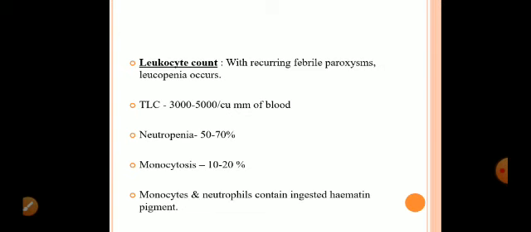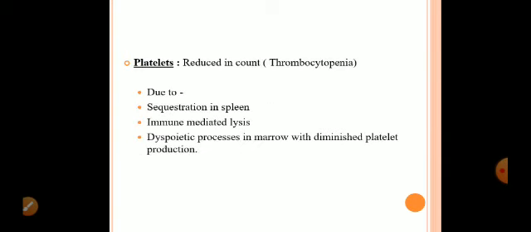Monocytosis, increase in monocytes to 10 to 20%. Monocytes and neutrophils contain ingested hematin pigment. In WBCs, the total count is reduced, neutrophils are reduced, and monocytosis will be seen.